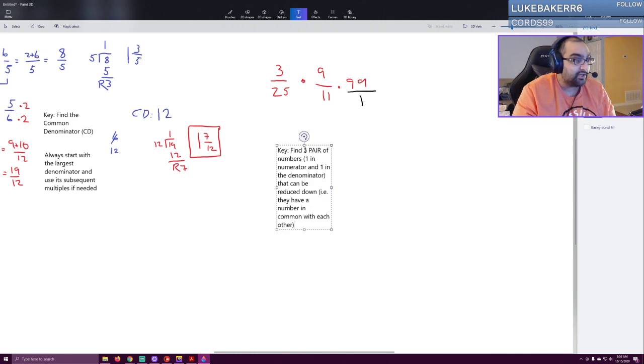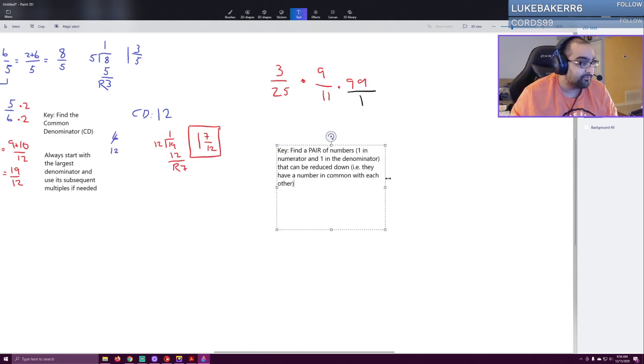Now, the key word here is pair. You have to have a pair of numbers. So we're just finding two numbers, but it has to be one on the numerator and one on the denominator.